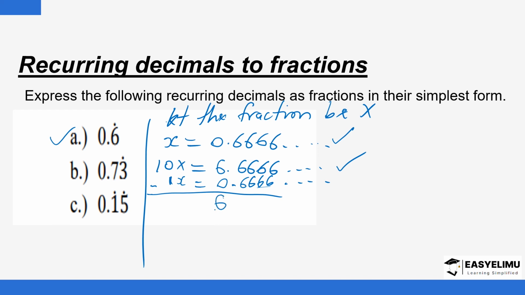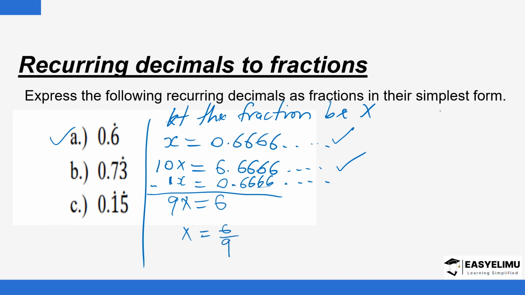And if you subtract, this is 6. Now, subtracting 1x from 10x gives 9x. So x is going to be, you can now divide both sides by 9. Left hand side divided by 9 is x. Right hand side divided by 9 will be 6 over 9. And that becomes the fraction.